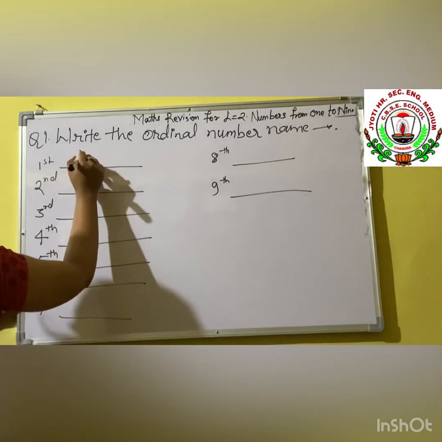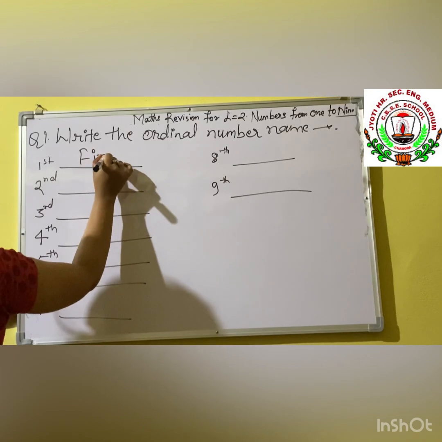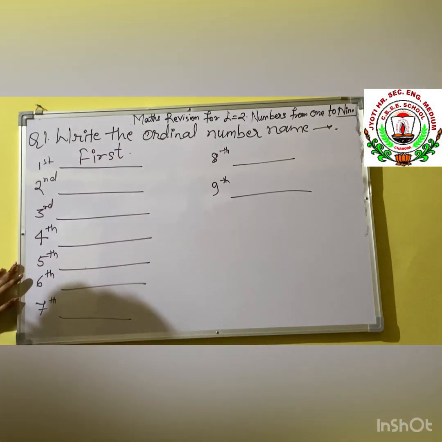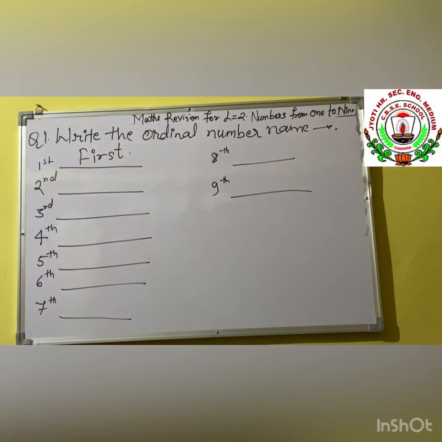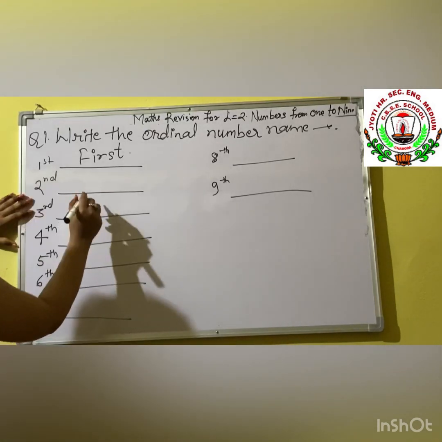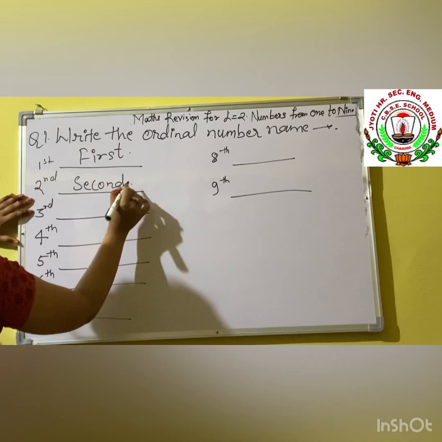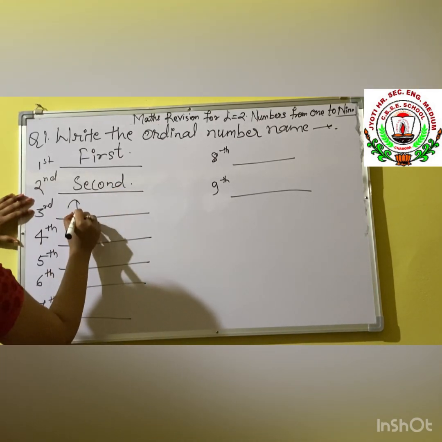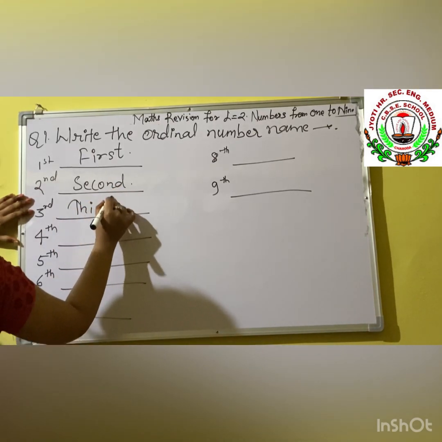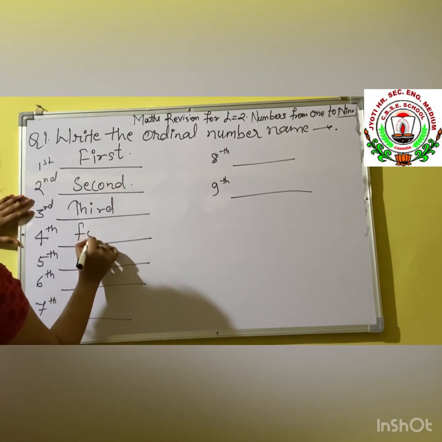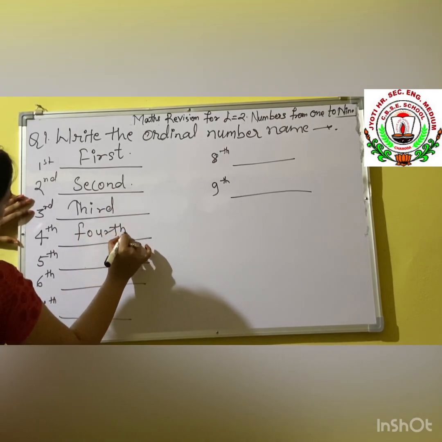So the spelling of first is F-I-R-S-T. This is your spelling for first ordinal number. The spelling of second is S-E-C-O-N-D. The spelling of third is T-H-I-R-D. The spelling of fourth is F-O-U-R-T-H.